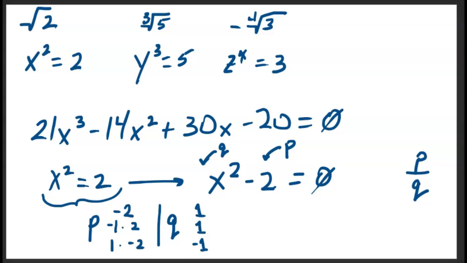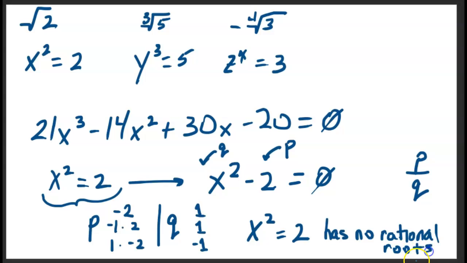No. Does -1 work? No. Does 2 work? No. Does -2 work? No. So what does that tell us? That tells us that x squared equals 2 has no rational roots.